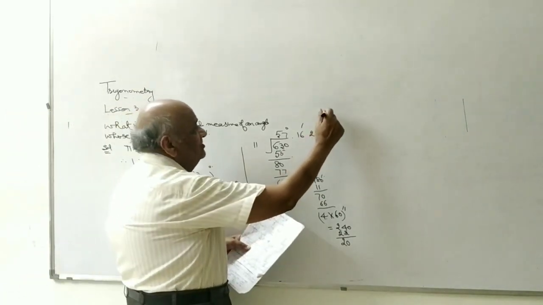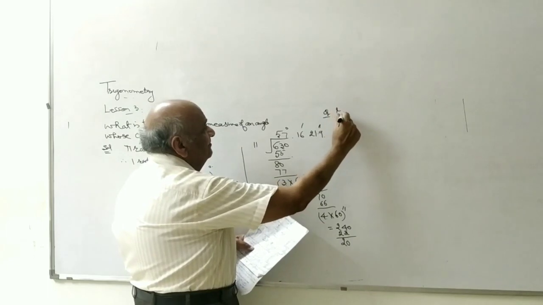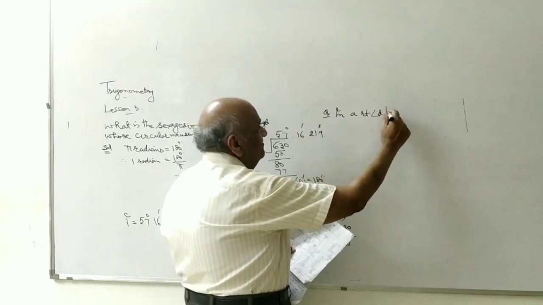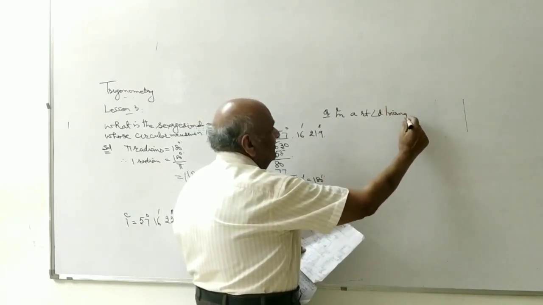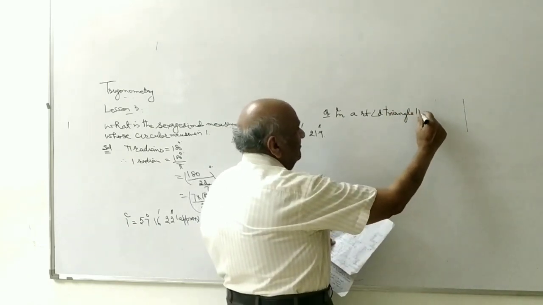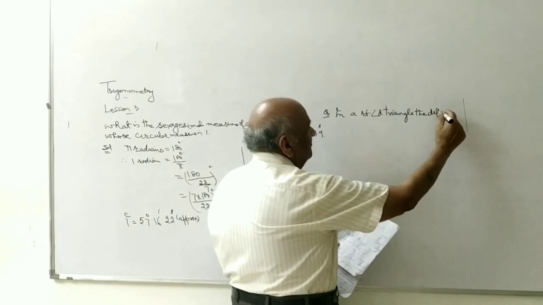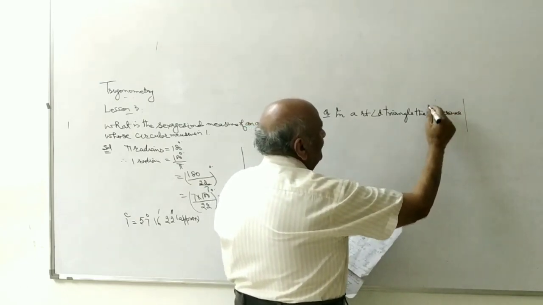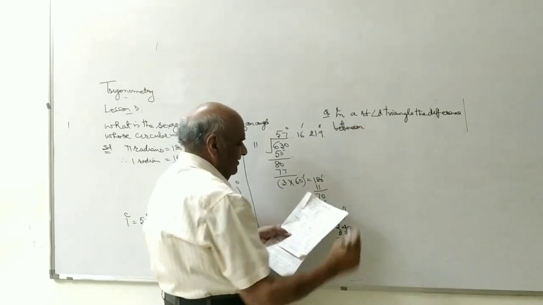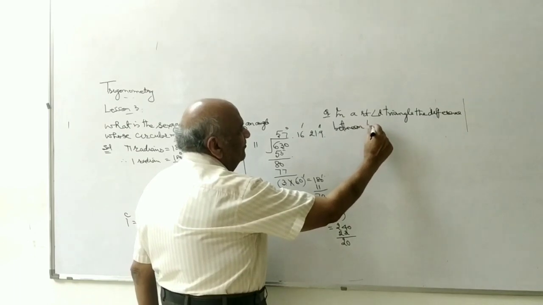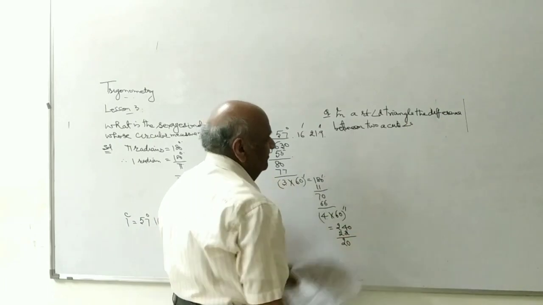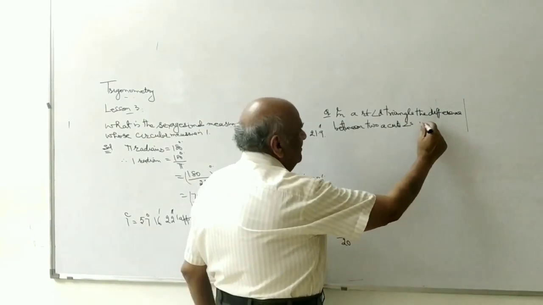The question is, in a right angled triangle, the difference between the two acute angles is pi by 9.